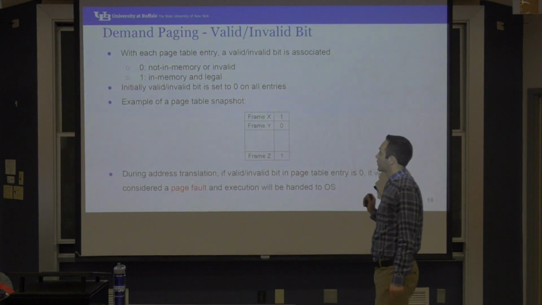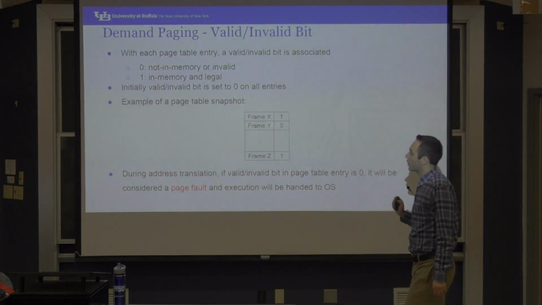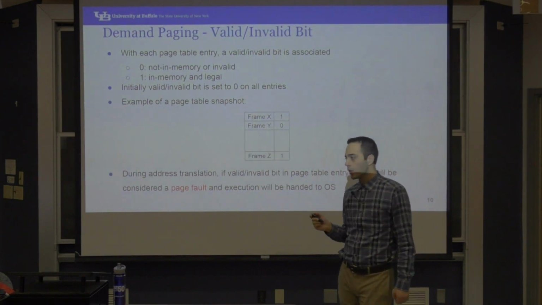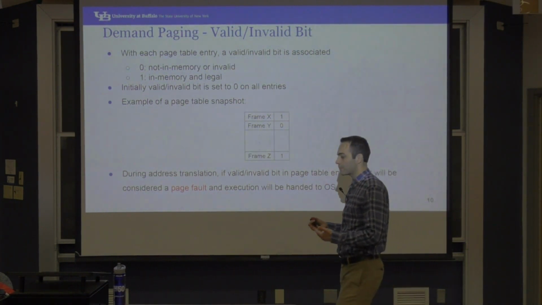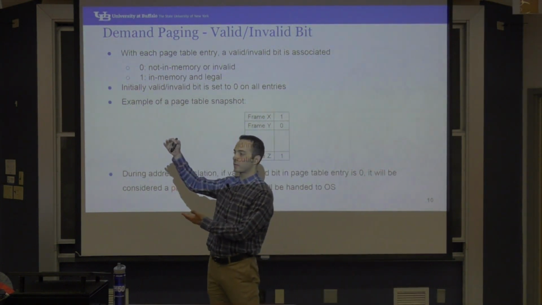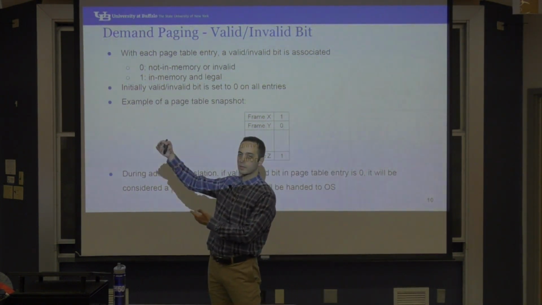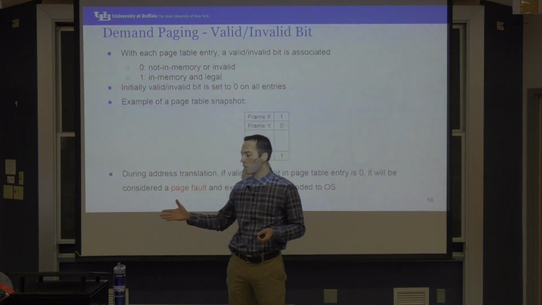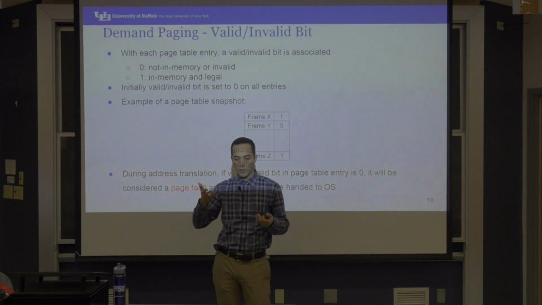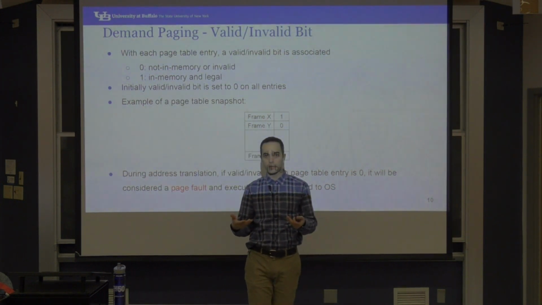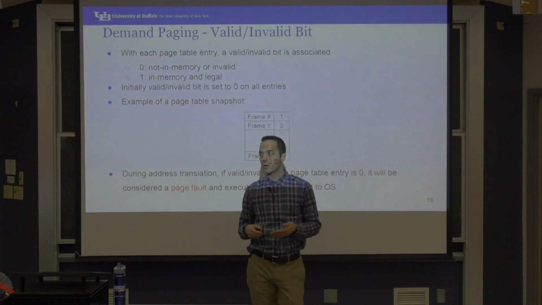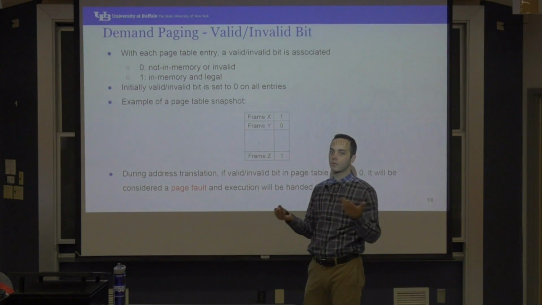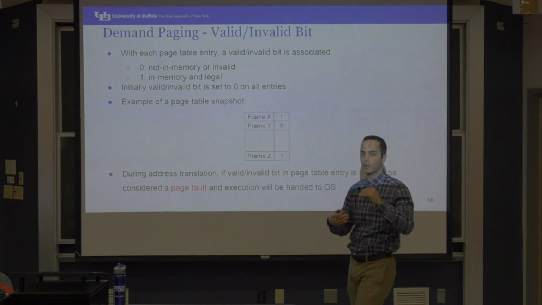Okay? So for this to happen, we will keep a valid and invalid bit besides the page table, because the page table is a mapping between all the address space of the user process and the memory. So in this example, pages 1, 2, 3 have an entry in this page table, but page 3 is not valid because it's not available in the physical memory.